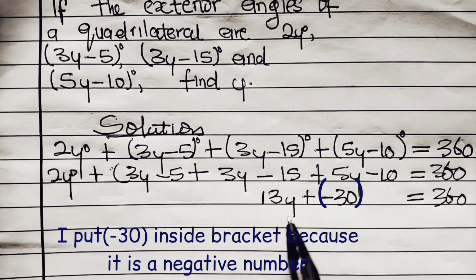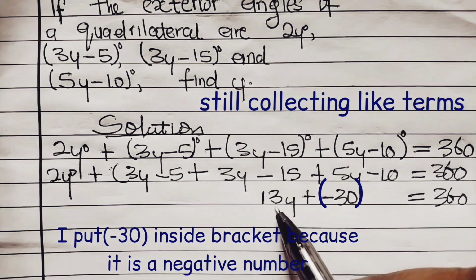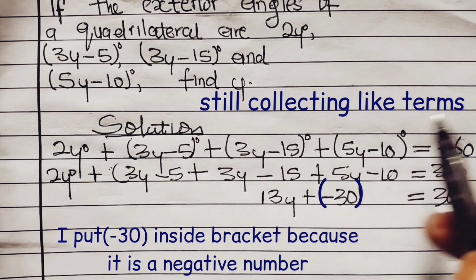What do I do again? I will make the 13y stay on one side, and the number that doesn't have y go to the other side.